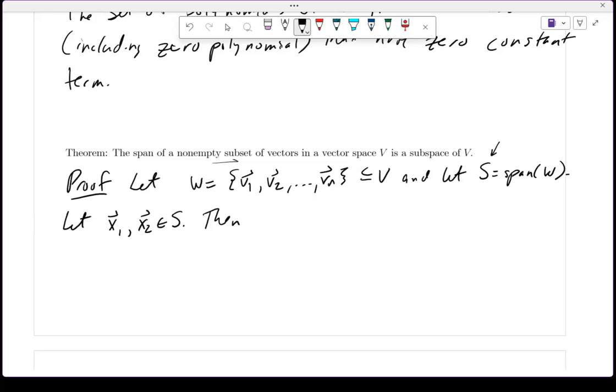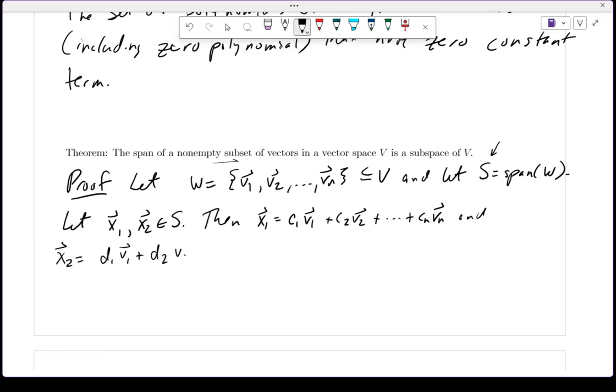And the same thing for x2. Then x1, I'll say, is equal to c1 v1 plus c2 v2 out to cn vn. And I need to use different constants, probably, for x2.